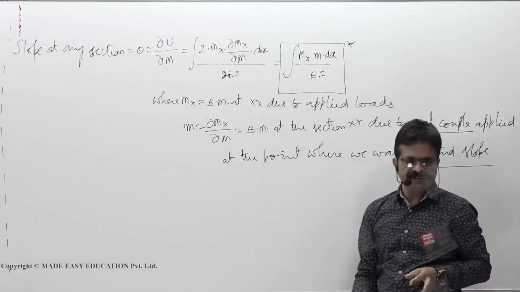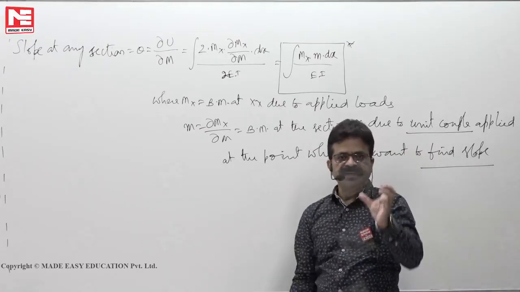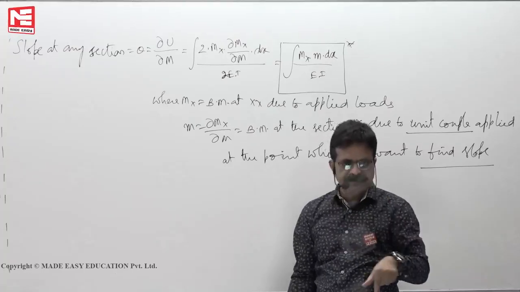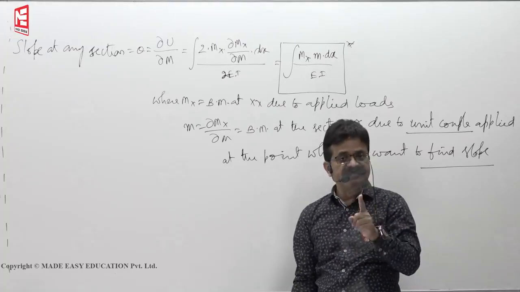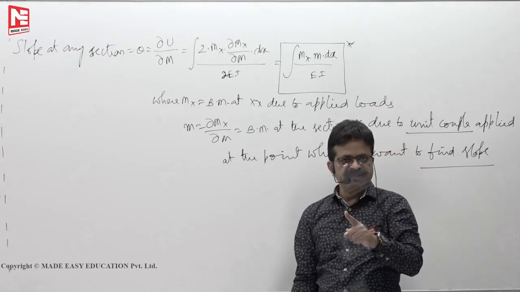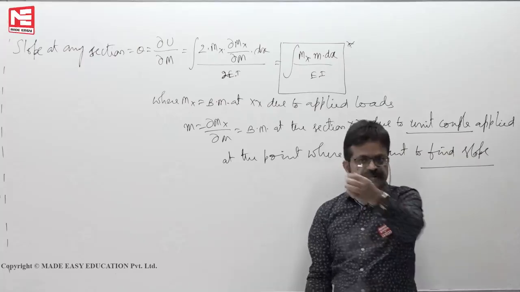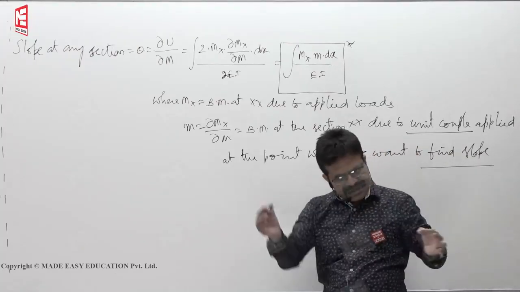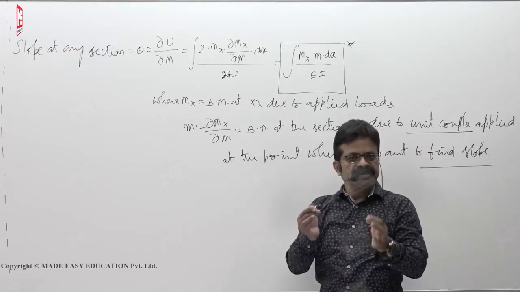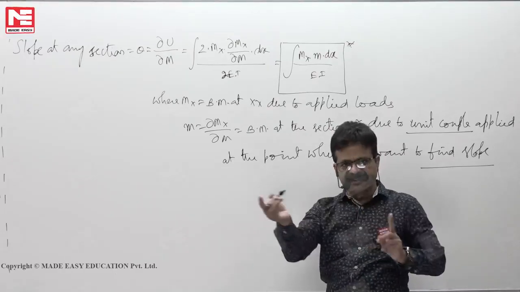See, ∫Mx m dx by EI, here also Mx into m dx by EI, formulas are same, but finding small m is different. Similarly in trusses, the 3 problems we have taken: PKL by AE. P is same, but K values are different. If you want to find only displacement, K means forces in all members due to single load. But if you want to find relative displacement, the sum of two displacements, you have to apply two unit loads either towards or away.